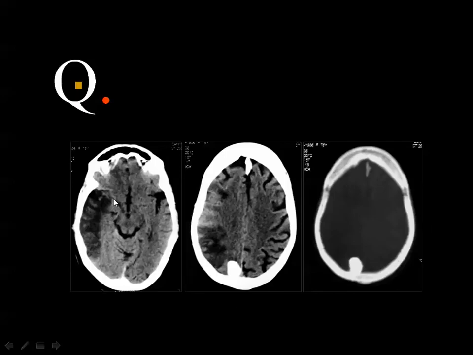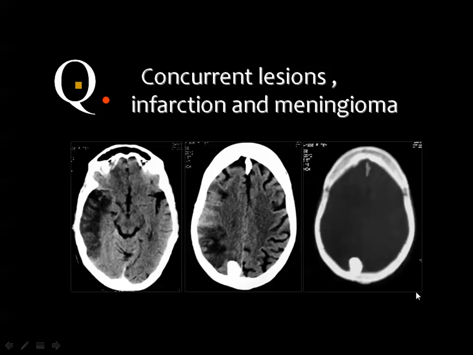But the main complaint is this one. Then you may discover incidentally a calcified meningioma in a patient who is examined for any other reason, and this is known as concurrent lesion. Two lesions are discovered, one incidentally and one responsible for the patient complaint.